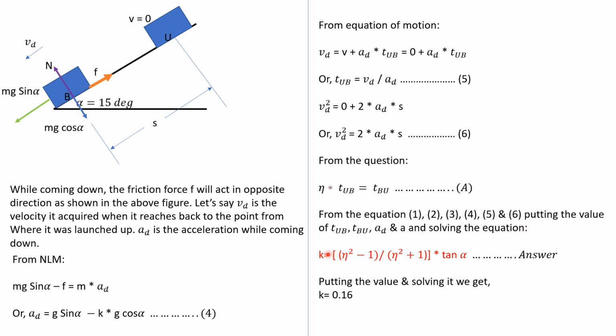Upon solving, you will get k equal to n square minus 1 divided by n square plus 1, into tan alpha. This will be your answer. When you put the values of n and alpha, you get k as 0.16.